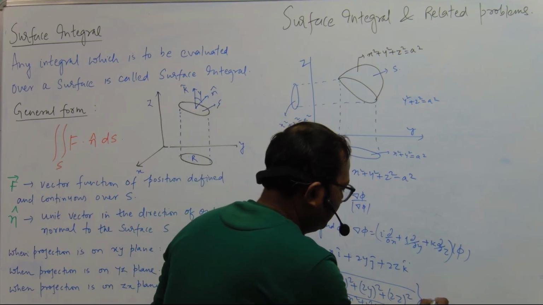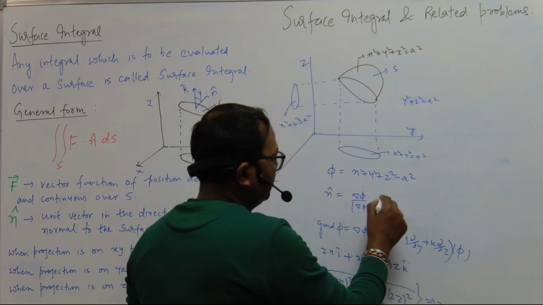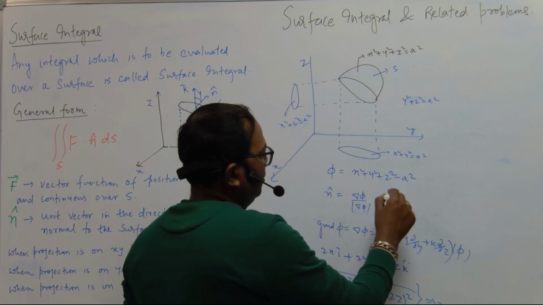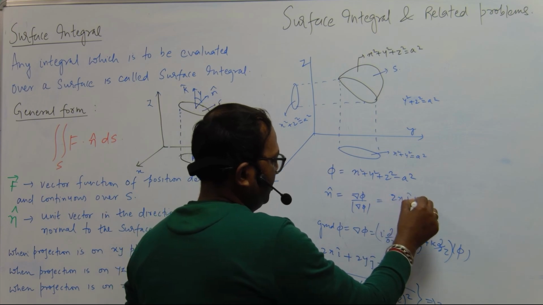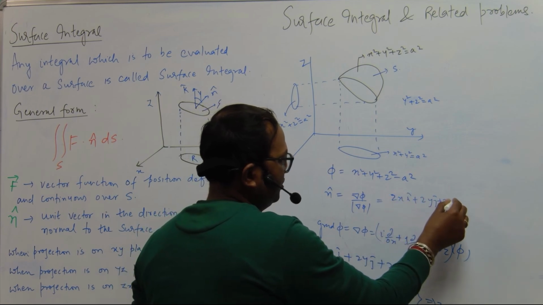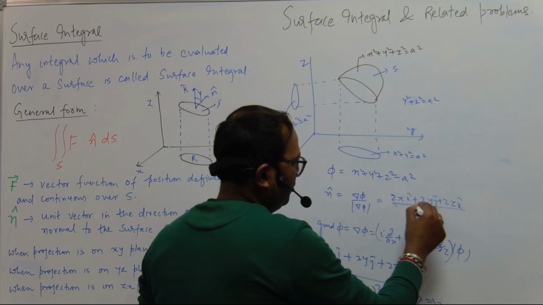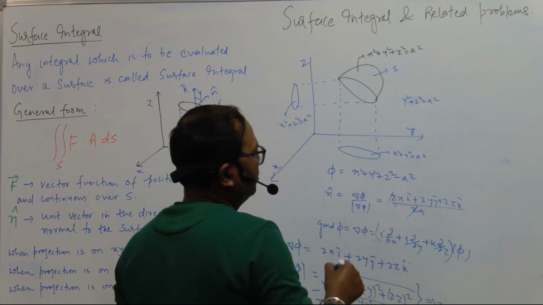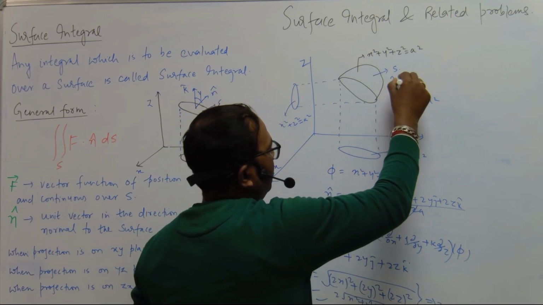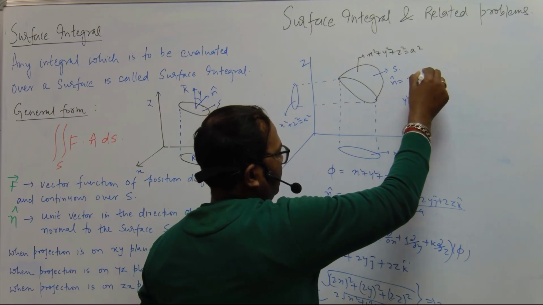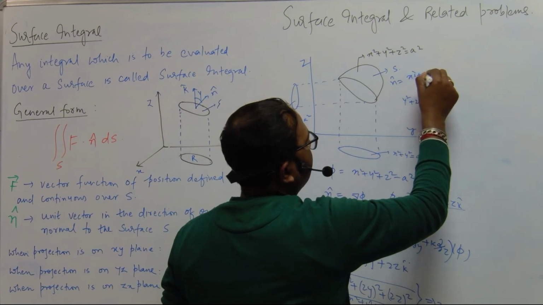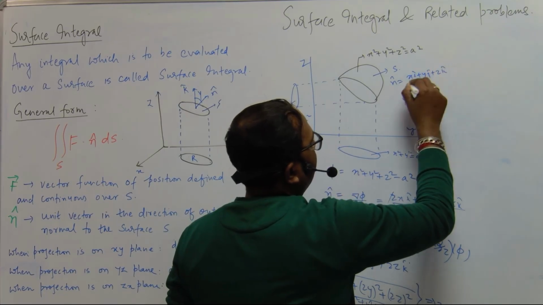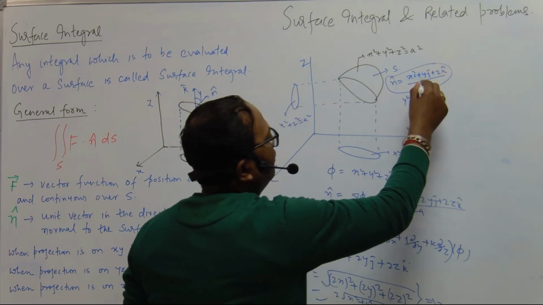The value of mod del phi is 2a. So n cap is equal to 2x i cap plus 2y j cap plus 2z k cap upon 2a. The 2 gets cancelled, so n cap is x i cap plus y j cap plus z k cap upon a. This is the value of n cap.